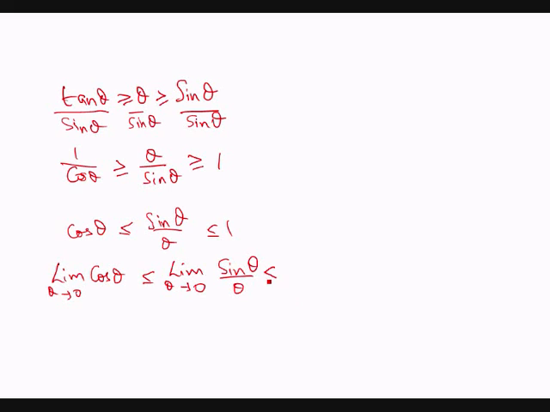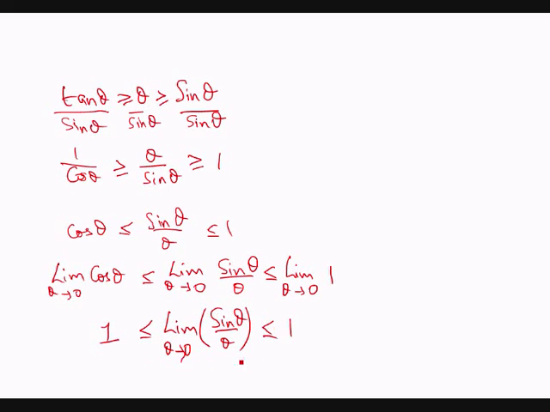these things. Now limit as theta tending to 0 of cos theta is cos 0, which is 1. And this we write as it is because we are going to find the limit of this function sin theta over theta as theta tending to 0.